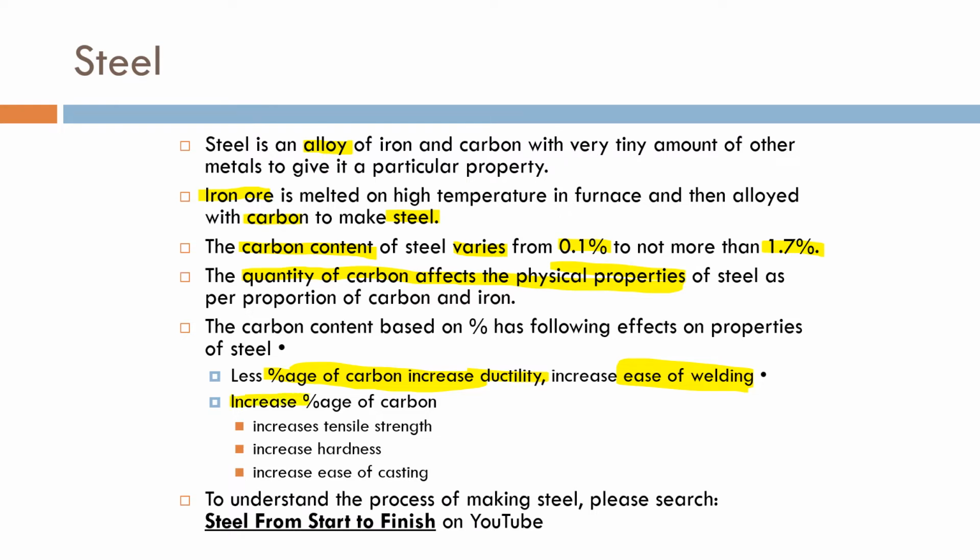Now, when there is increase in the percentage of carbon, what happens is that there is an increase in tensile strength. Tensile strength is when you exert the tension on a structural member. So if a steel member is exerted upon with tension, it does not break or it does not fail.